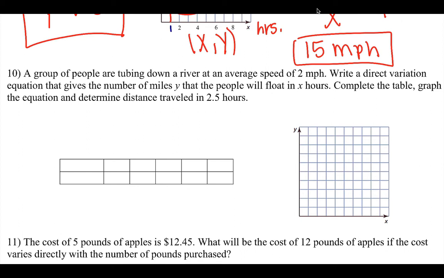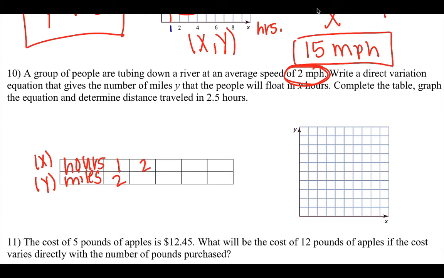So if I have hours and miles, and again, hours is my x. If I plug in x, that's my input, it'll tell me how many miles we've gone. So in 1 hour, I've gone 2, because it says 2 miles per hour. But what if I go 2 hours?